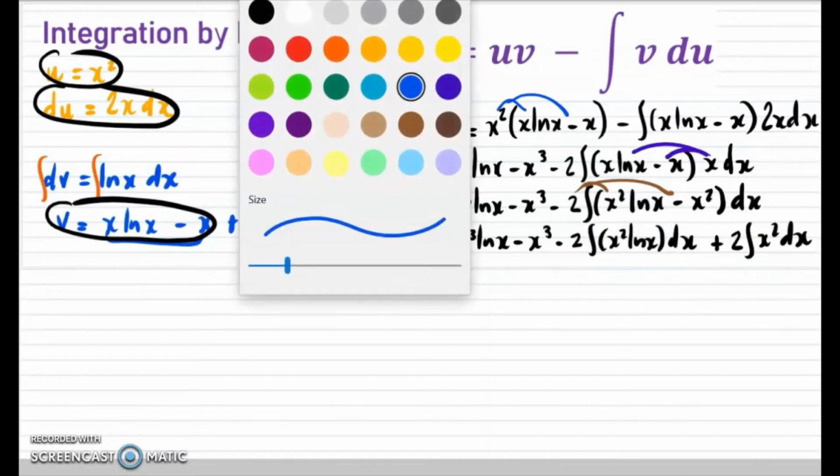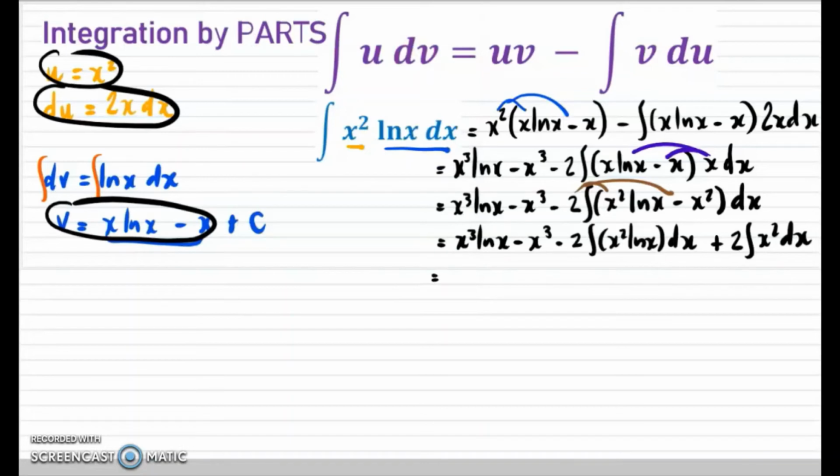We have equals x cubed ln x minus x cubed minus 2 integral x squared ln x dx plus 2, and the integration of x squared dx is x cubed over 3. Then we put the plus c at the end.